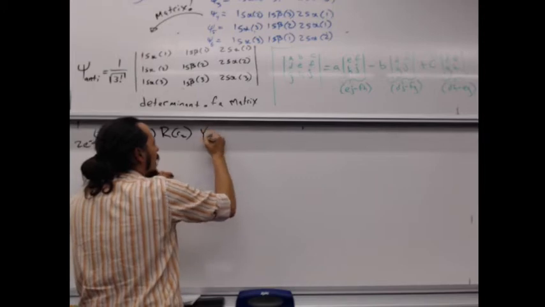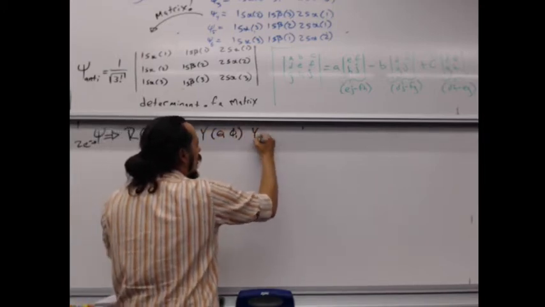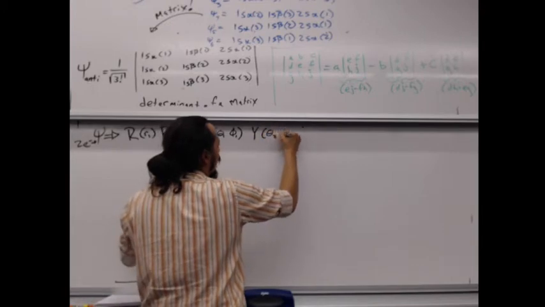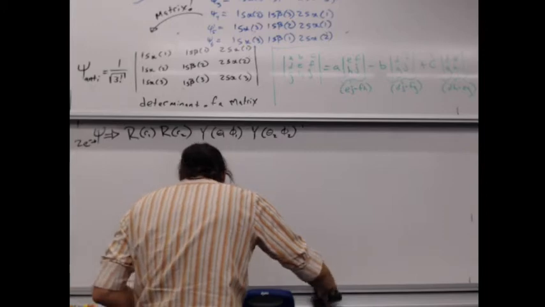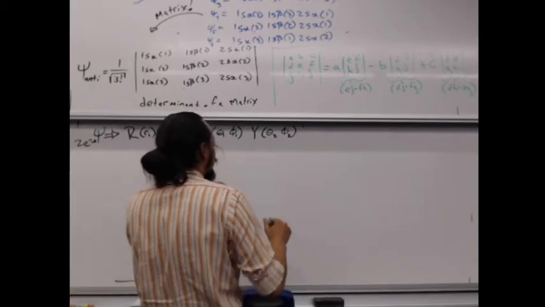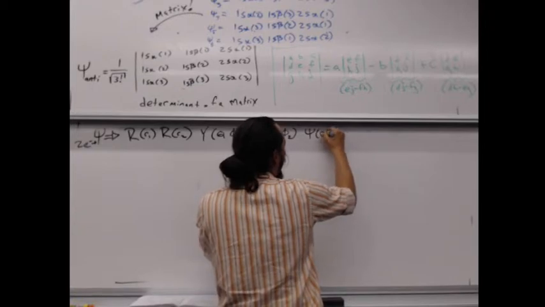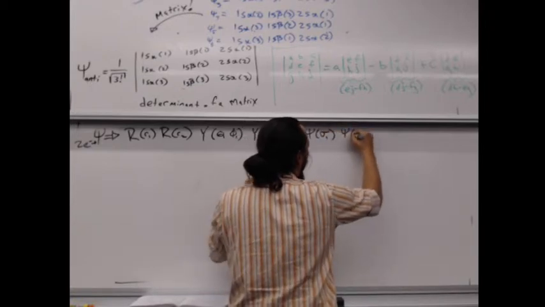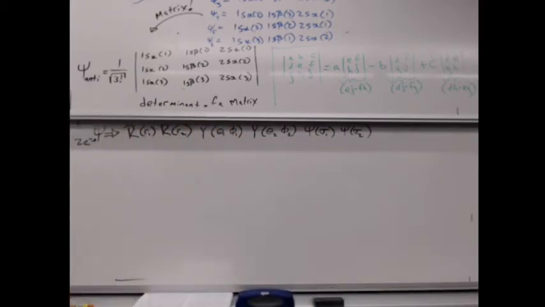I'm going to have a Y of theta 1, phi 1, a Y of theta 2, phi 2. And then I'm also going to have those spin parts, psi sigma 1, psi sigma 2, which are alphas or betas. I've got all of these different parts.